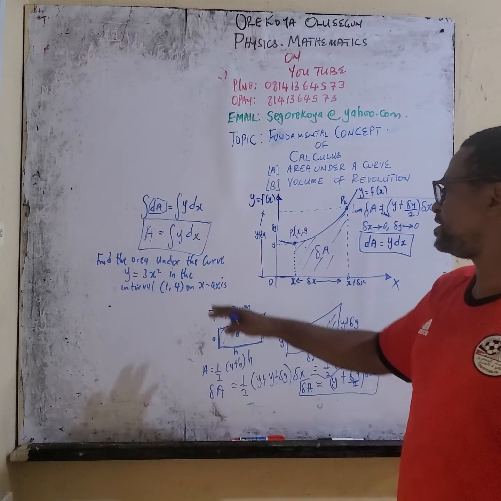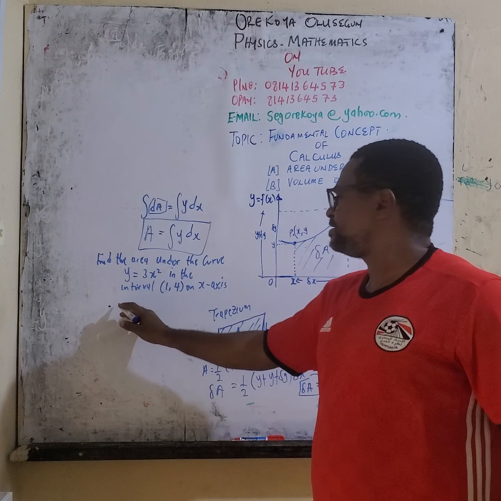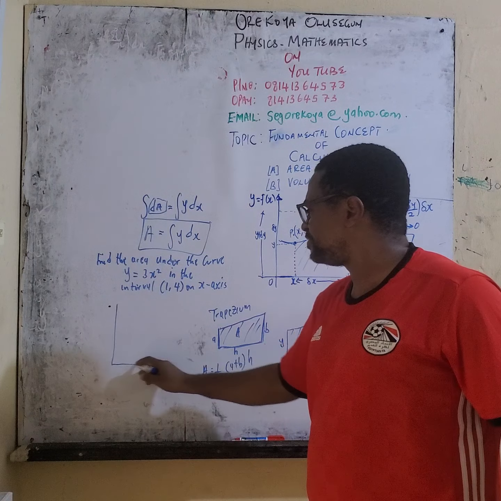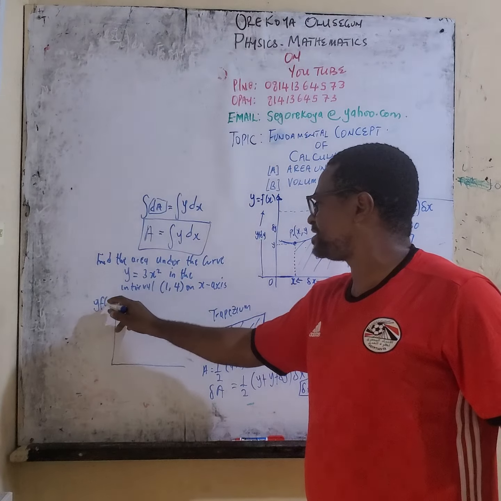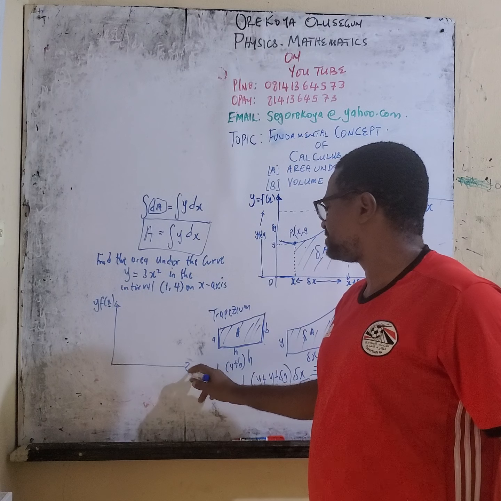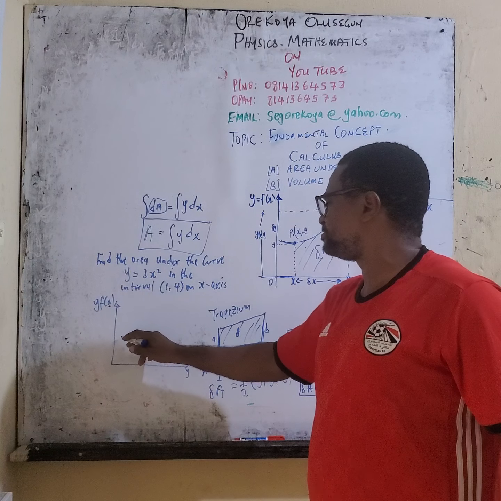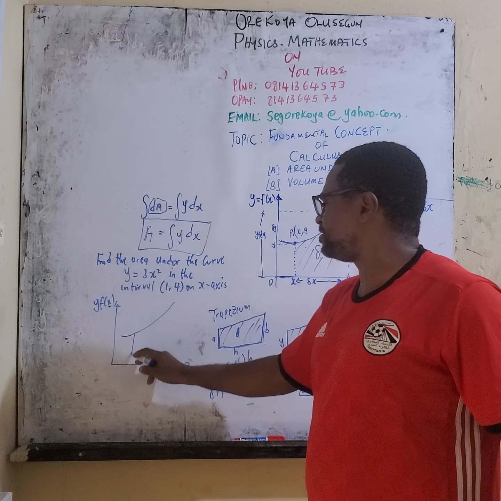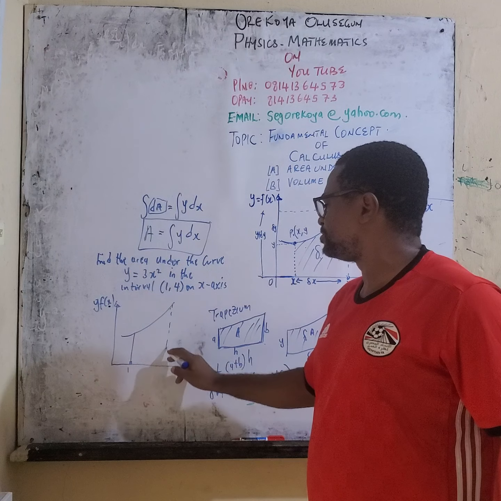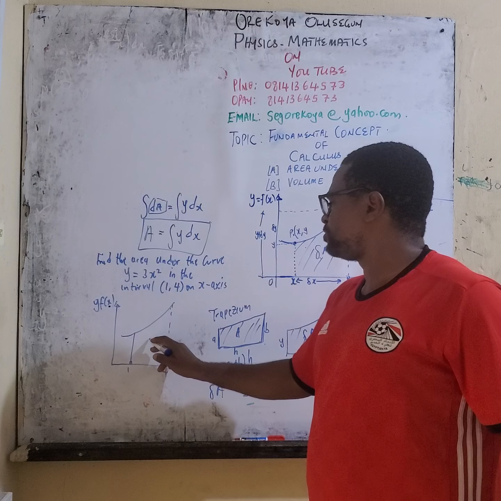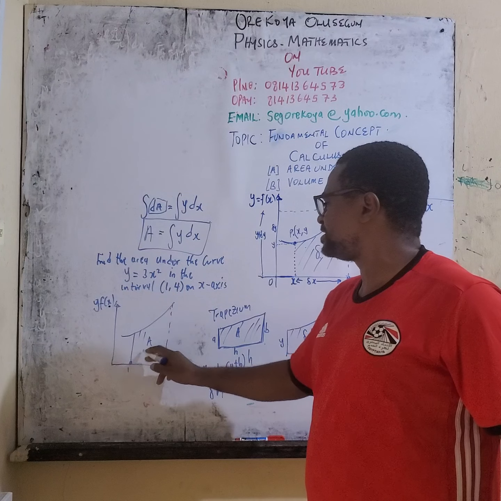If you look at this problem, let's say the graph is an arbitrary graph, not drawn to scale. Let's say the arbitrary graph I have for this particular problem is here, and the limit on the x-axis as given to us is 1 to 4. So we are asked to calculate the area under this curve.